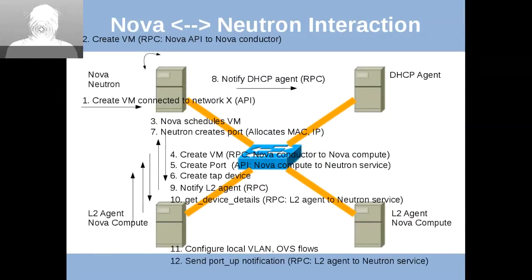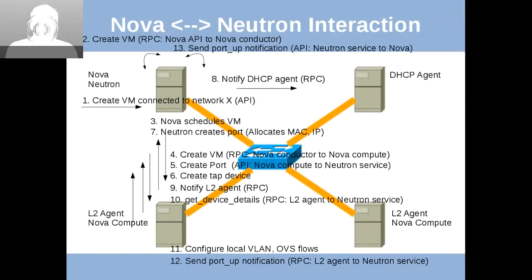We won't dive further into this, but basically it makes sure that the tap device that was created earlier is connected properly to the right network. Then, in step 12, this is a new addition during the Icehouse development cycle, the layer 2 agent now notifies the Neutron service that the port was successfully created and was successfully hooked up to the right network.